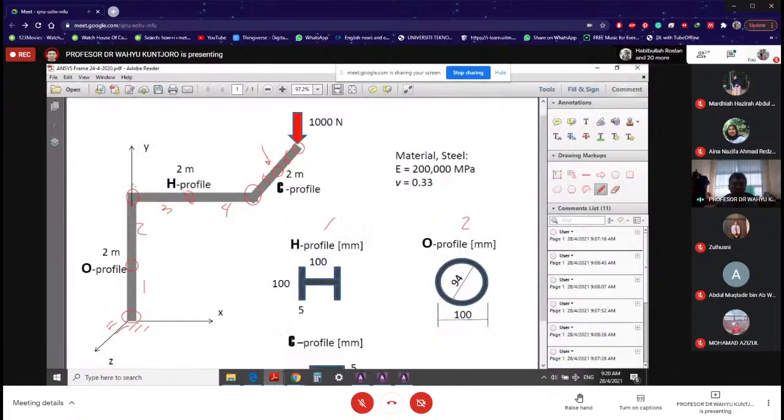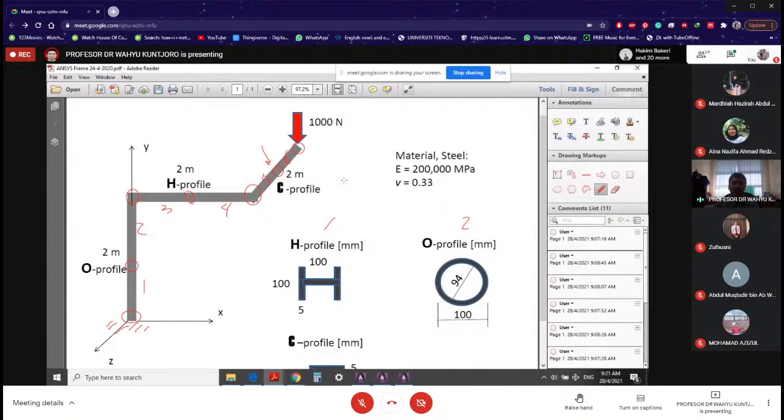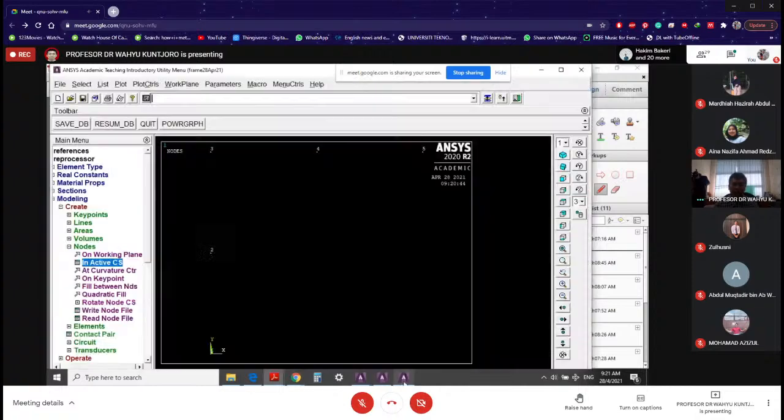Now we go to node number 6 and 7, which are going to be at negative 1000 and negative 2000 on the z-axis. Let's do it. I think I better do it like that.